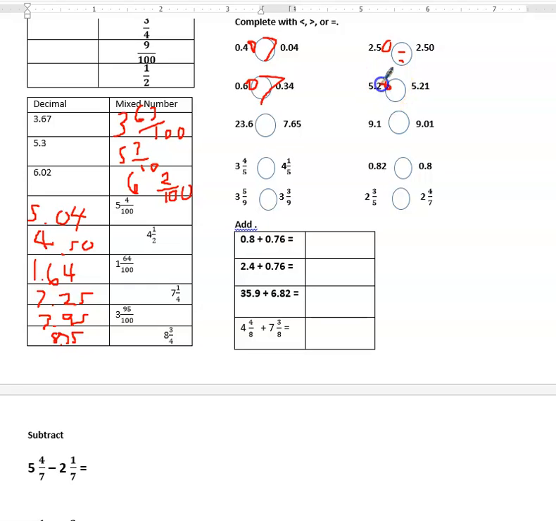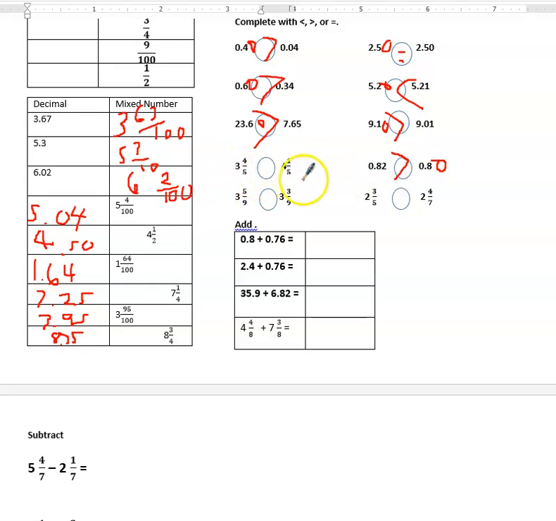Need a 0 here. 5.21 is more than 5.2. Need a 0 there, although the 23 was already bigger than the 7, so you should have known that one. And we do need a 0 there, so 9.10 is bigger than 9.01. And on this one, 82 is bigger than 80.